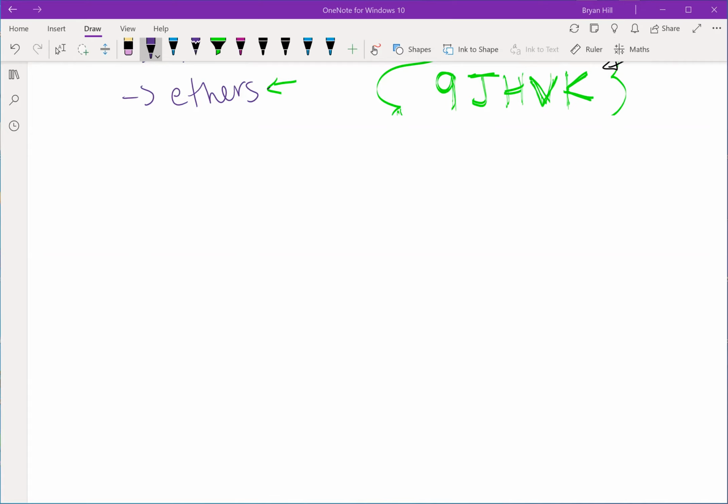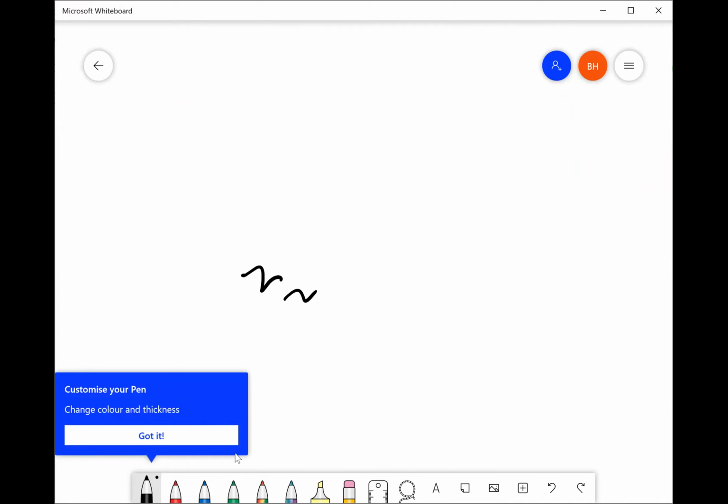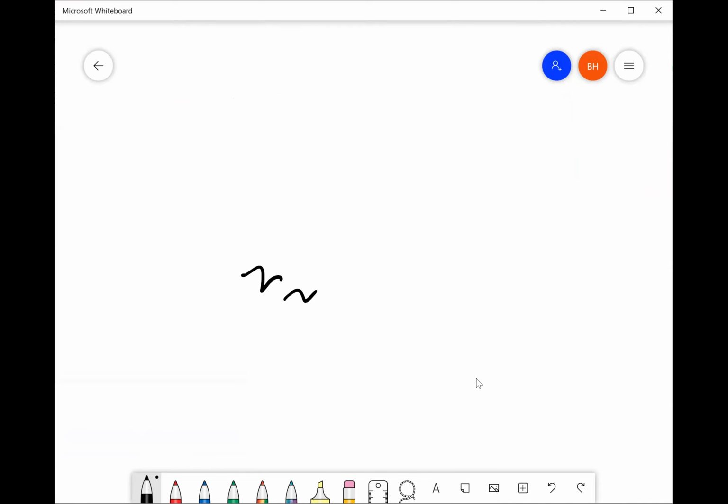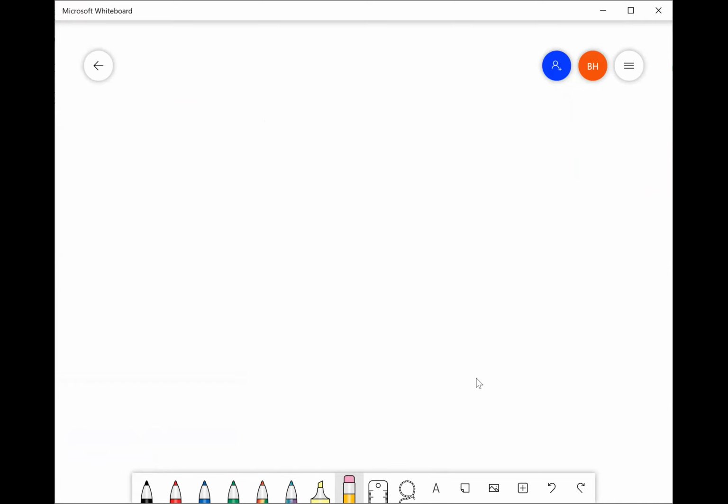I'm going to start a new share. Can you see this whiteboard here? Yeah. Okay, thanks. I don't know why the OneNote just suddenly decided to fail, but it did, at least with the pen.